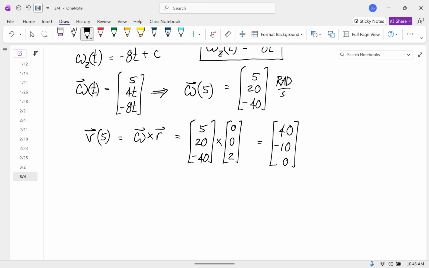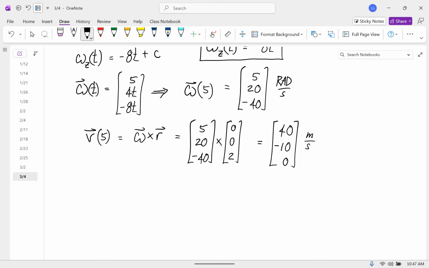And the radius doesn't change. It just gives us the radius at time equals 5. It didn't give us the angular velocity at time equals 5. That's why we had to solve for that.